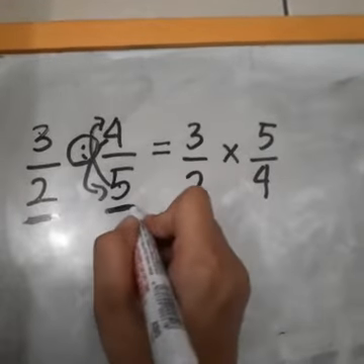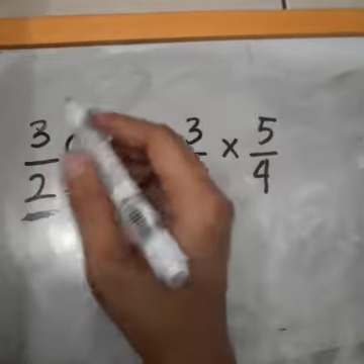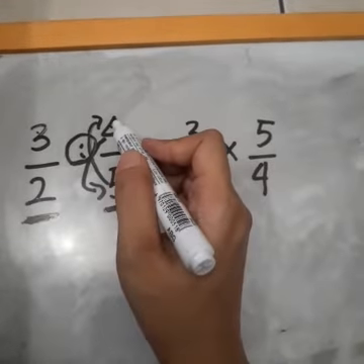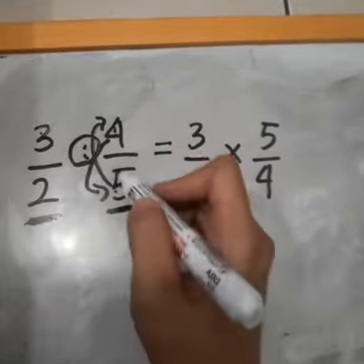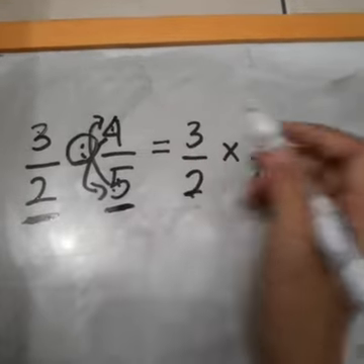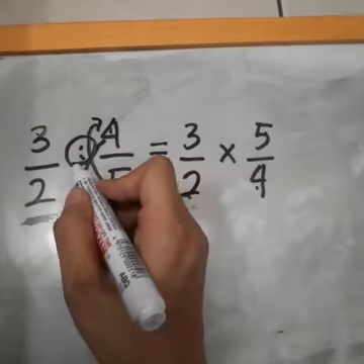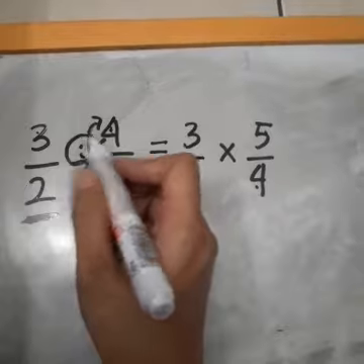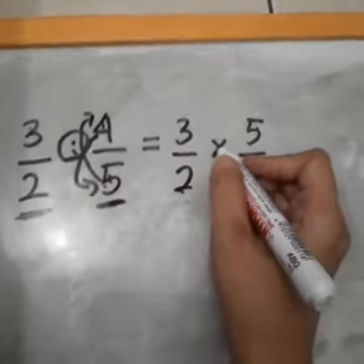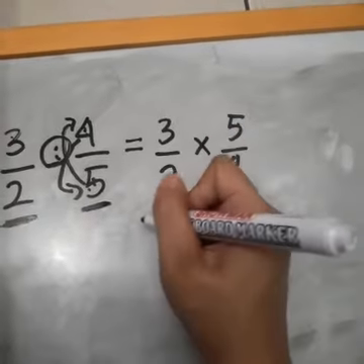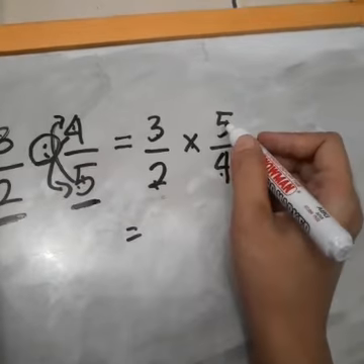For the second fraction, we switch the position of the denominator into the numerator and the numerator into the denominator. So 4/5 we switch into 5/4. And the division sign we change into the multiplication sign. So 3/2 times 5/4.